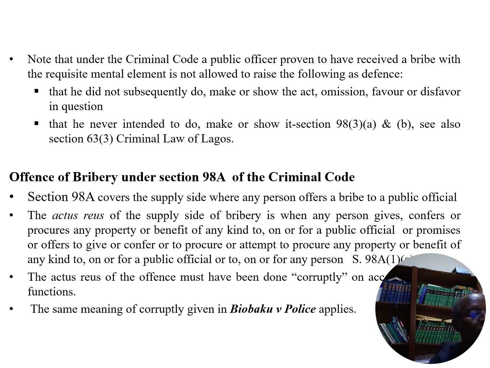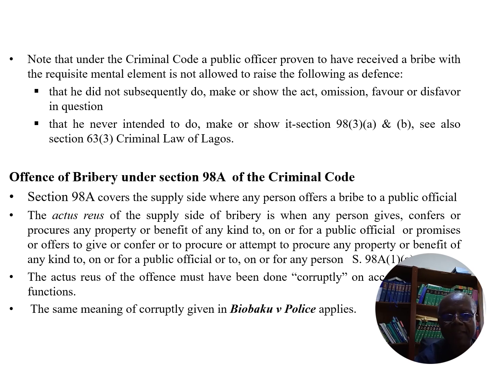The actus reus of the offense, again, must have been done corruptly on account of official function. And the same meaning of corruptly given in Biobaku and the police applies. In the example of the person who has approached the commissioner for works, the commissioner for works is supposed to assess the bid by all contractors fairly, impartially, and honestly, and award the contract to the most qualified contractor.